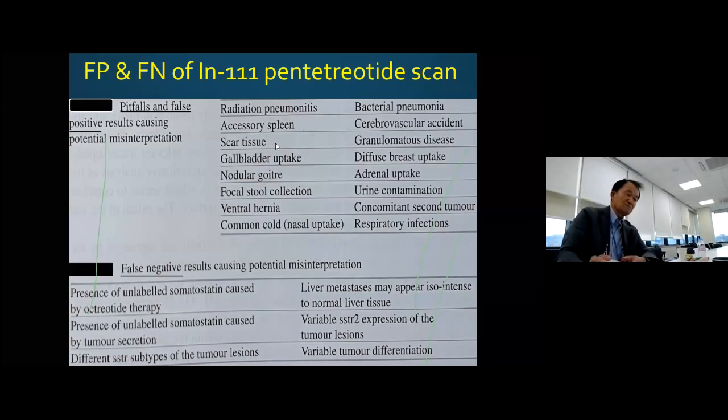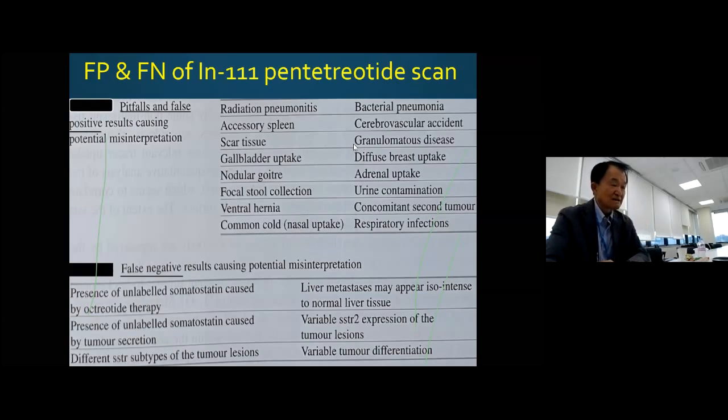Early fibroblast has quite a vascularity, that's why it shows, but later, when chronic, you're not going to see it. Sometimes it's metabolized in the liver and then shows the gallbladder, certain thyroid goiter, certain intestinal tract findings, and nasal uptake in a patient with a common cold, a certain inflammatory reaction, I suppose.